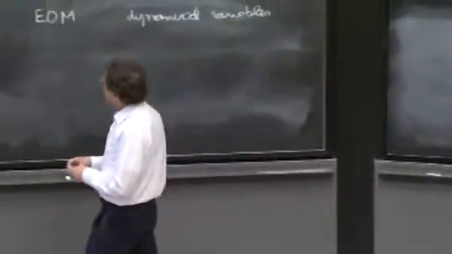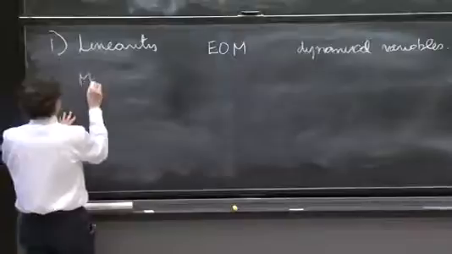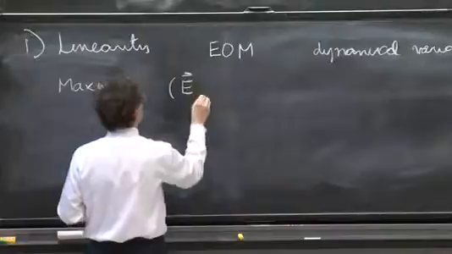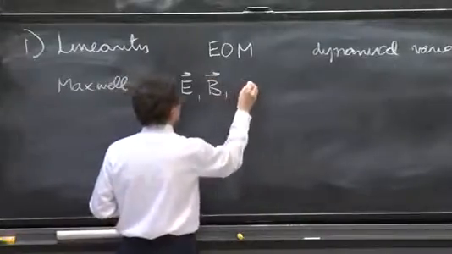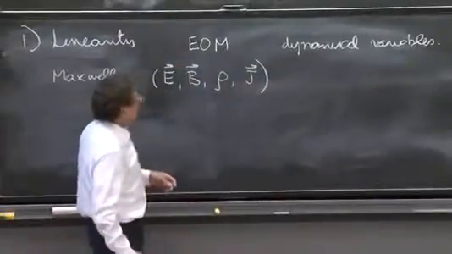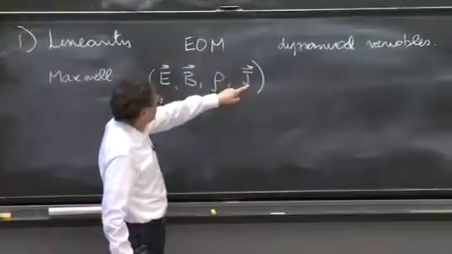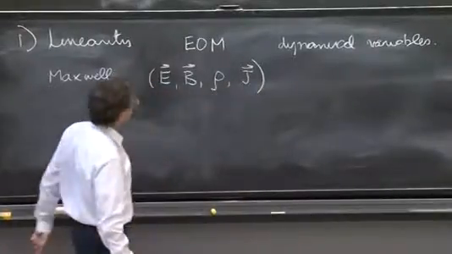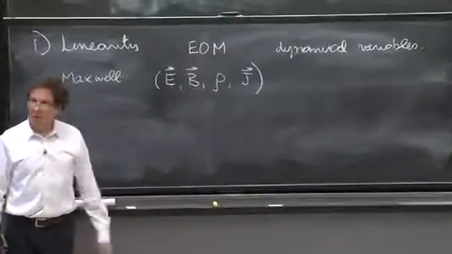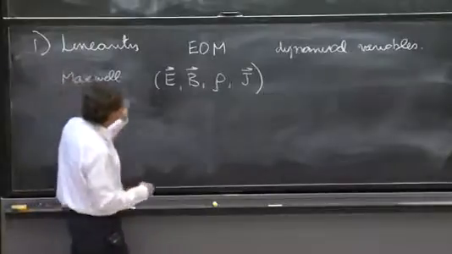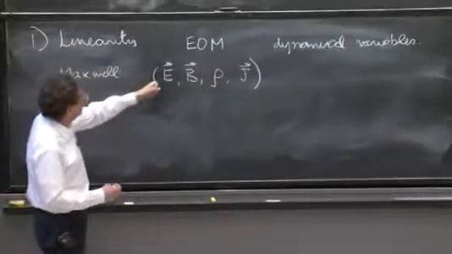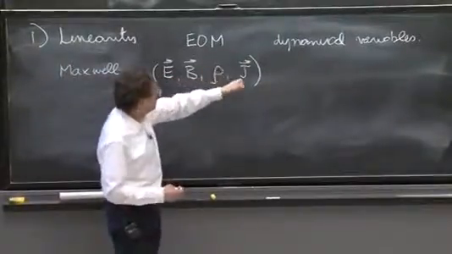Mathematically, we have the following situation. In Maxwell's theory, you have an electric field, a magnetic field, a charge density, and a current density. That's charge per unit area per unit time. That's the current density. And this set of data corresponds to a solution if they satisfy Maxwell's equations, which is a set of equations for the electromagnetic field, charge densities, and current densities.